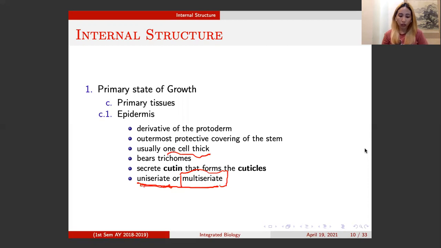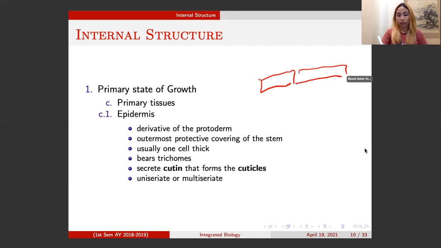Okay, now the epidermis also bears what we call the trichomes. This should have been introduced to you in your discussion on tissues. Trichomes are epidermal appendages, which means they come from an epidermal cell. Epidermal cells are normally elongated cells.